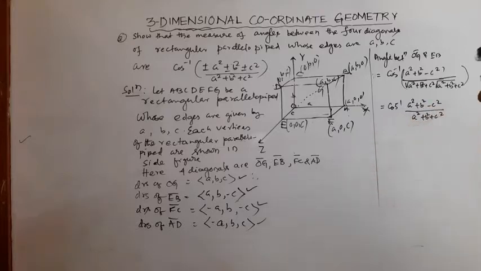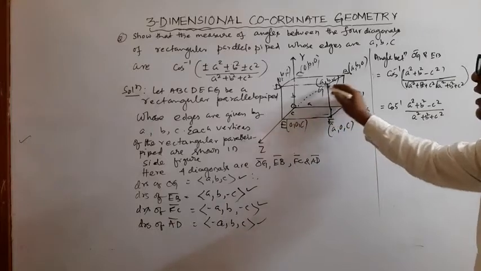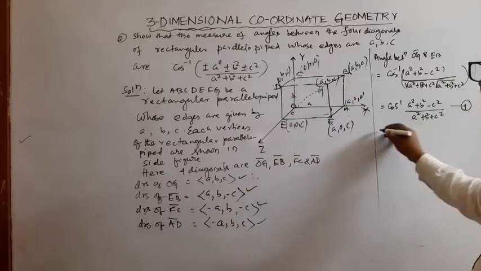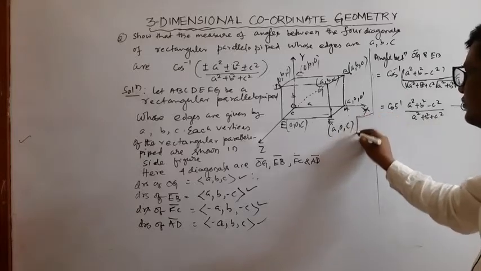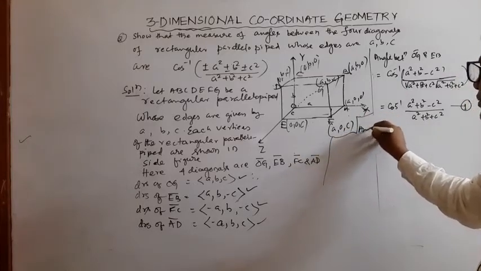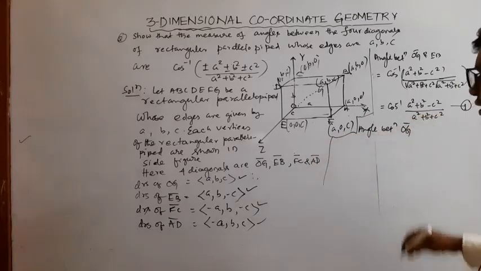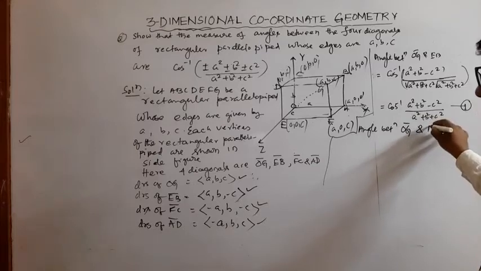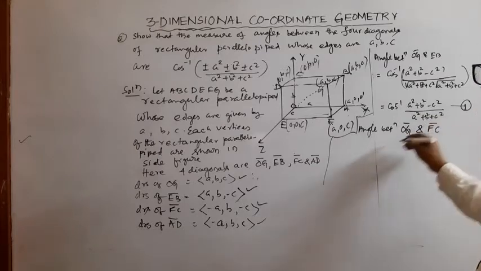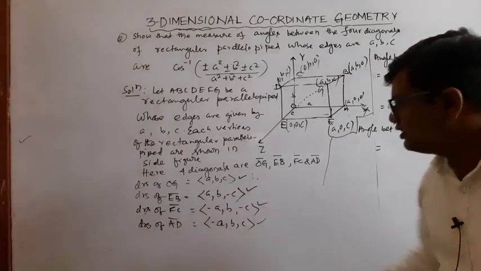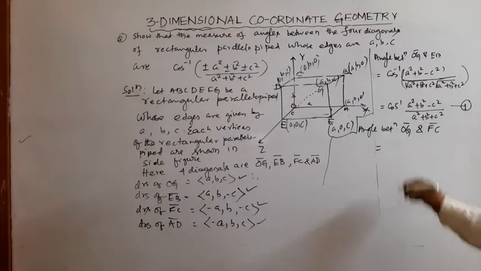Okay. Now angle between OG and FC. This is 1. Angle between OG and FC. So this is equal to what? OG dot FC: minus A square plus B square minus C square.